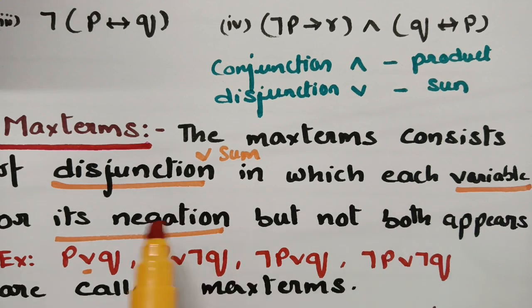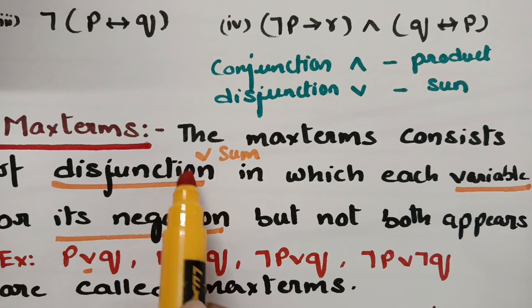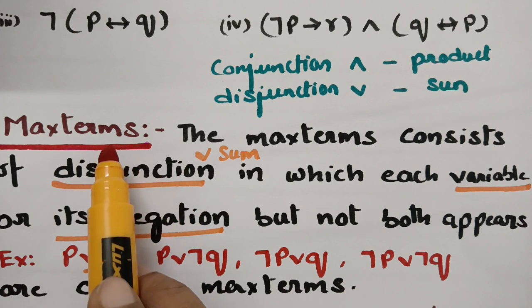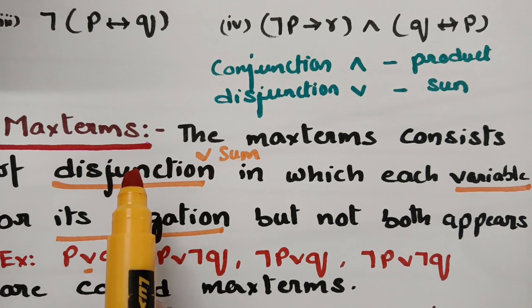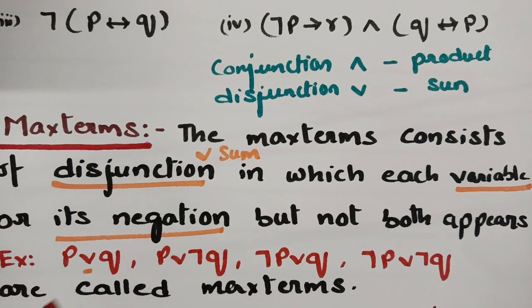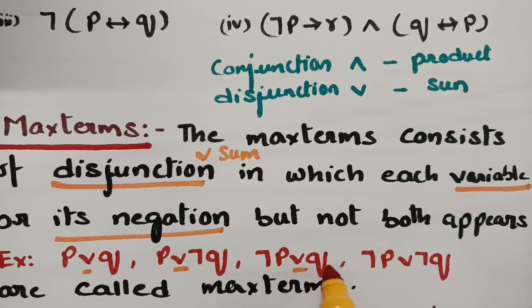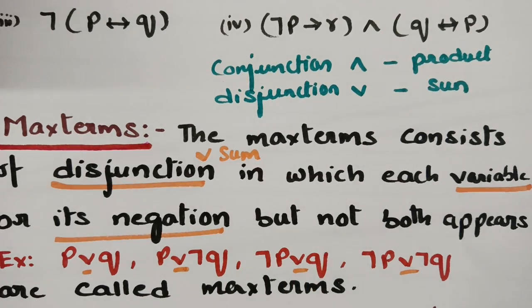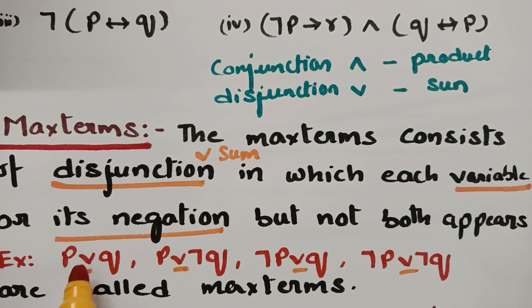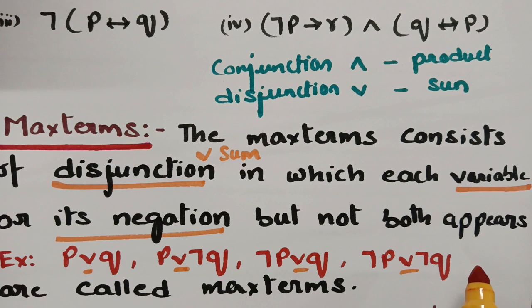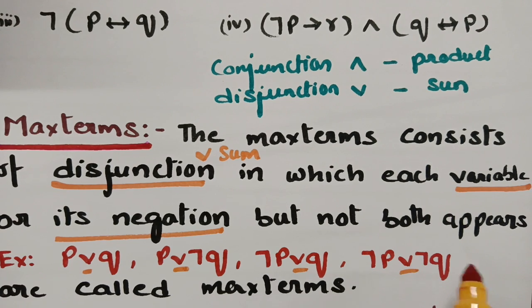These variables should be connected with the disjunction, and those connected variables are called max terms. For example, P or Q, P or negation Q, negation P or Q, negation P or negation Q. The symbol here is disjunction. So the sum of all the variables and their negations, but not both, is called a max term.